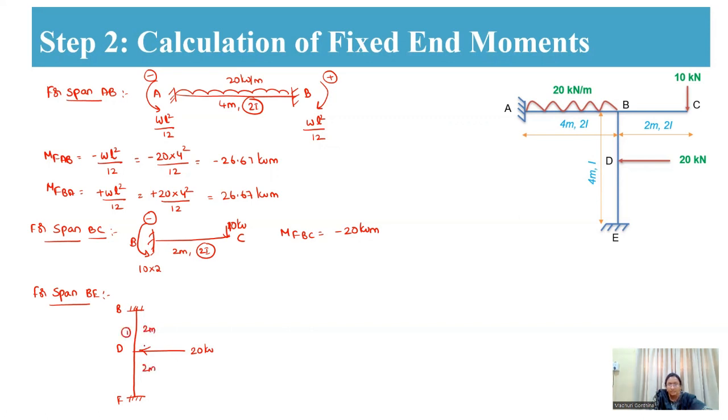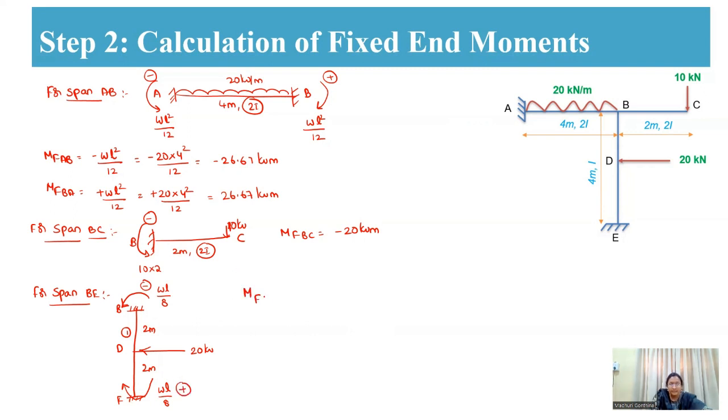This is I. As the load is acting in this direction, at ends B and E we are going to have resisting moments in this direction. These moments are WL by 8 and WL by 8. Since one is in anti-clockwise direction, it is negative, and the other is clockwise direction, therefore it is positive.